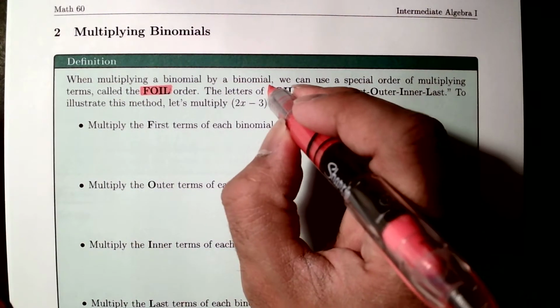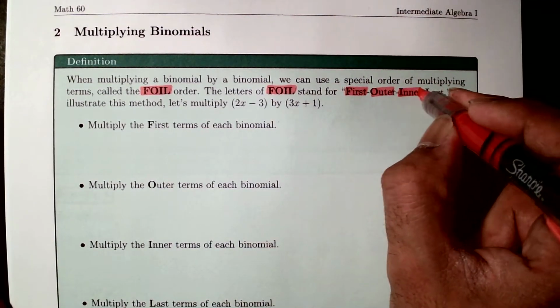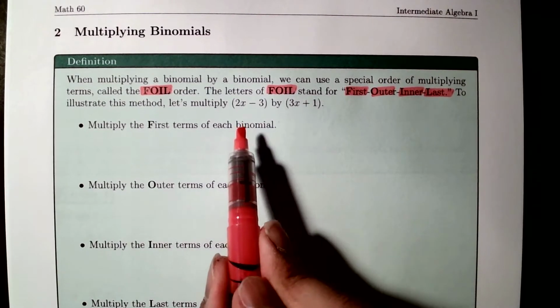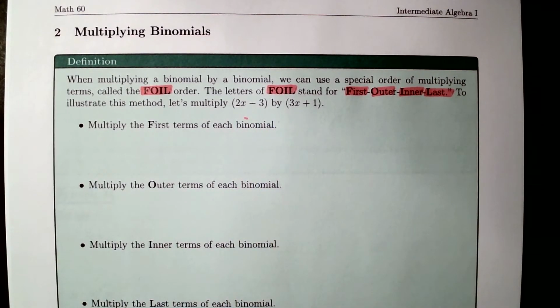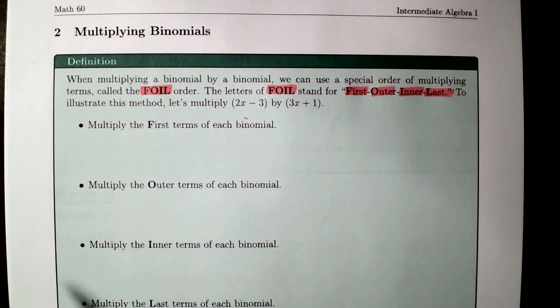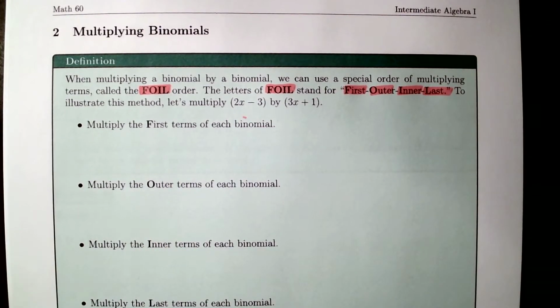What does FOIL stand for? The letters of FOIL stand for first, outer, inner, and last. To illustrate, let's multiply 2x minus 3 times 3x plus 1. So in this case, multiply the first terms of each binomial.